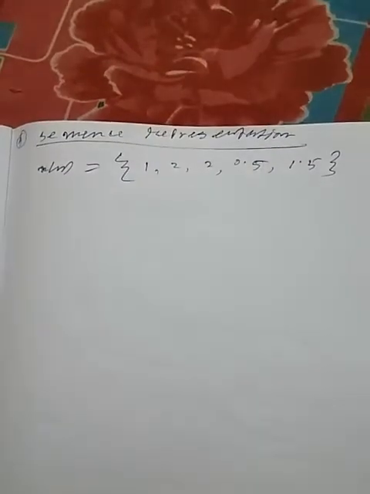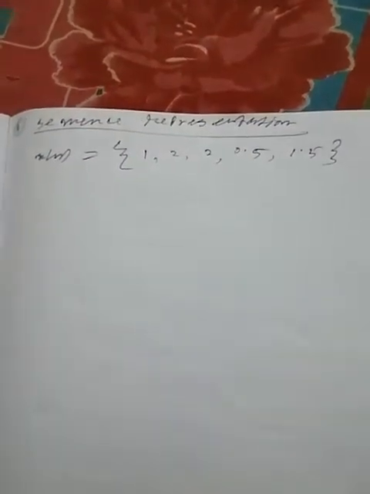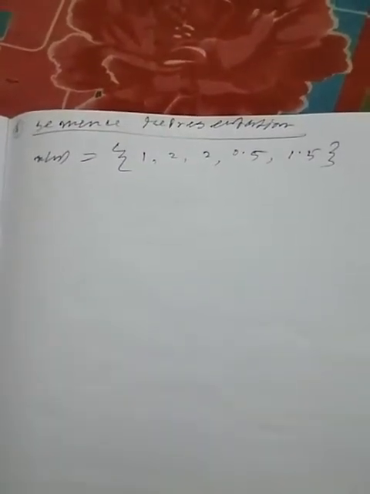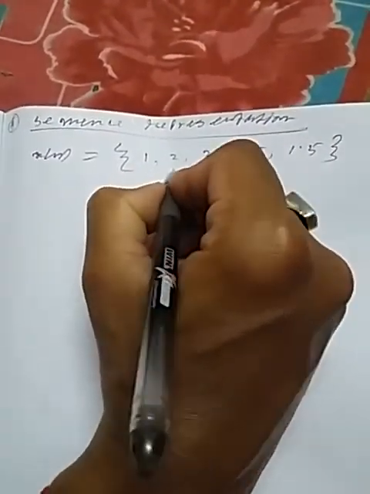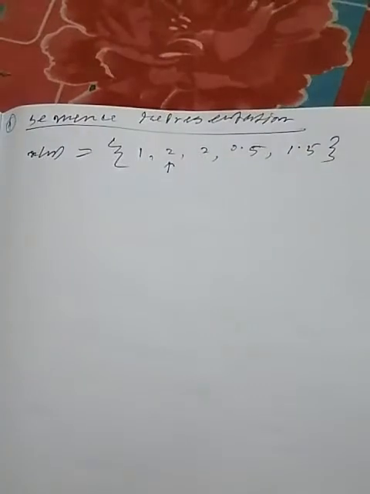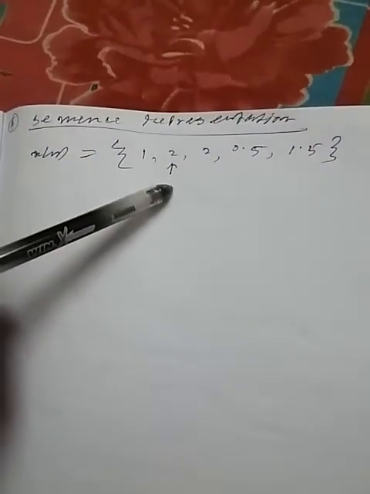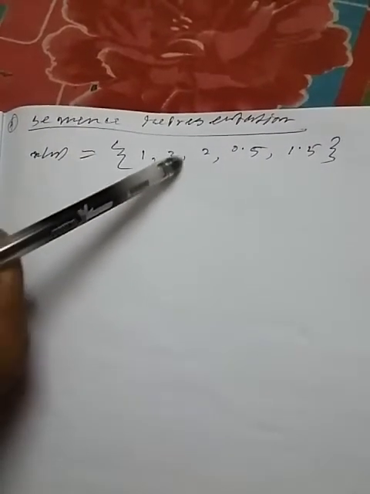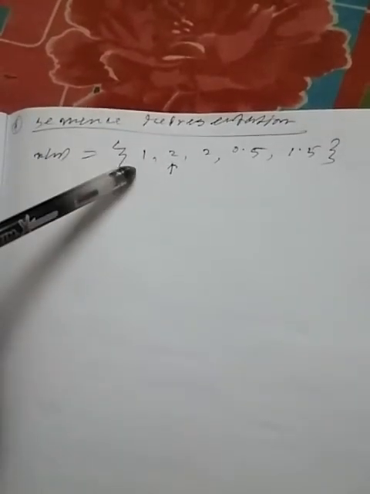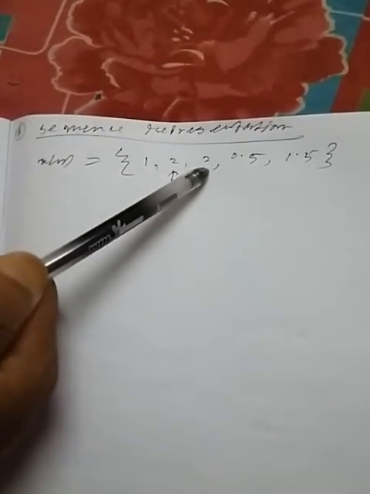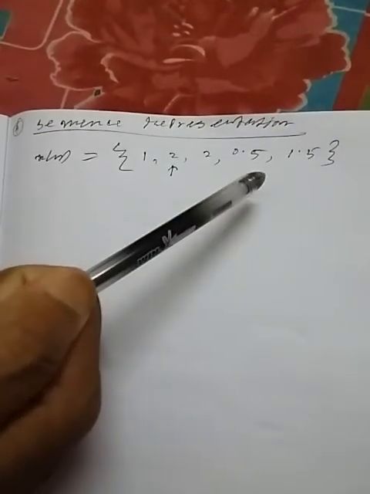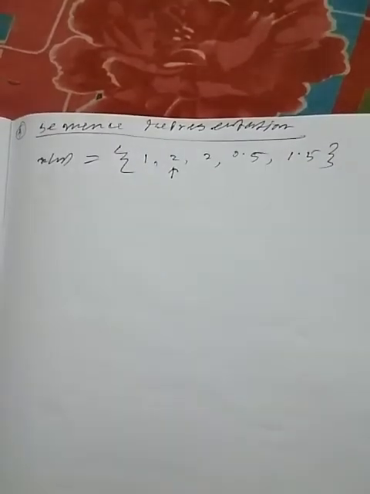You have to mark the 0th position of n with an arrow. This arrow represents the value of x of n when n equal to 0. So the first value is at n equal to minus 1, and the others are at 1, 2, and 3.